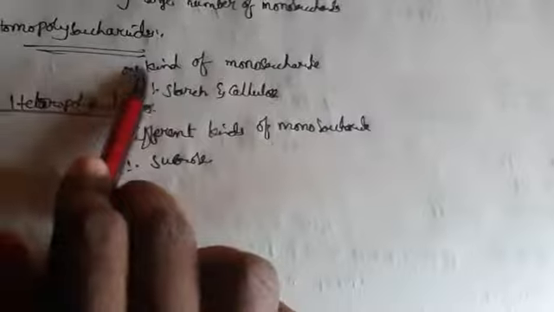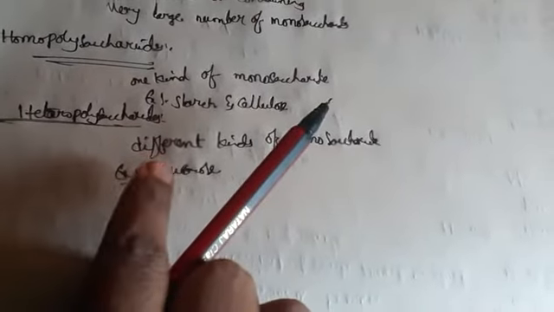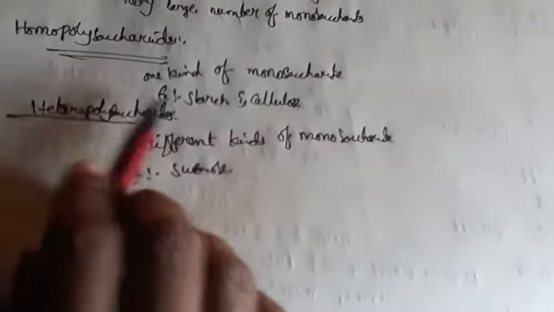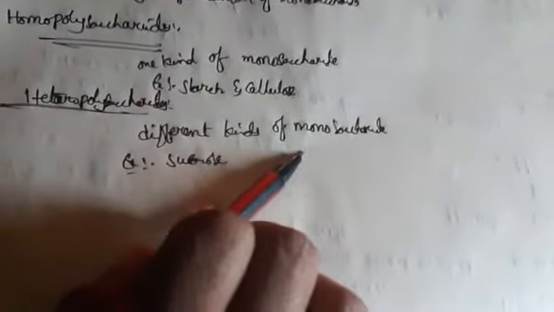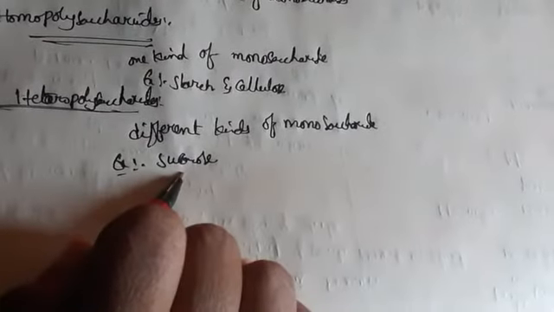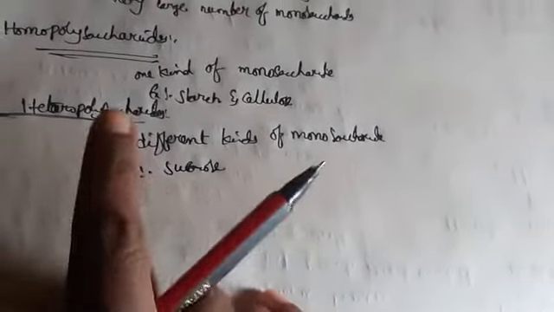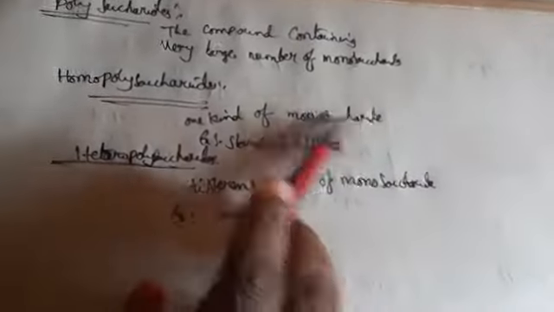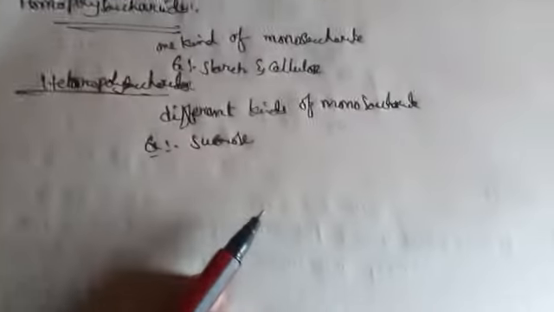So when we are doing hydrolysis of these 2 compounds, it will give only one molecule, that is glucose. Coming to heteropolysaccharide, it will give different kinds of monosaccharide. For example, if you are taking sucrose on hydrolysis, it will give glucose and also fructose. So this is nothing but classification of the carbohydrates.